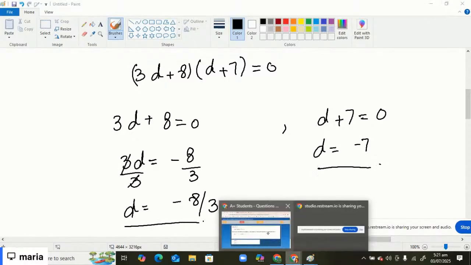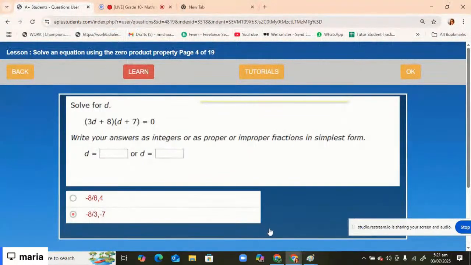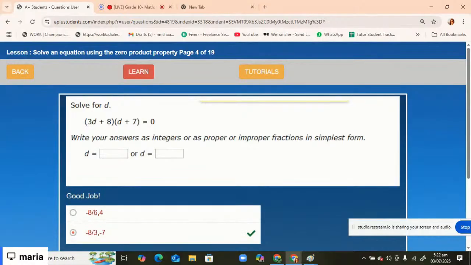Minus 8 by 3 and minus 7. Let's go with this one. So here we go. This is the right answer.